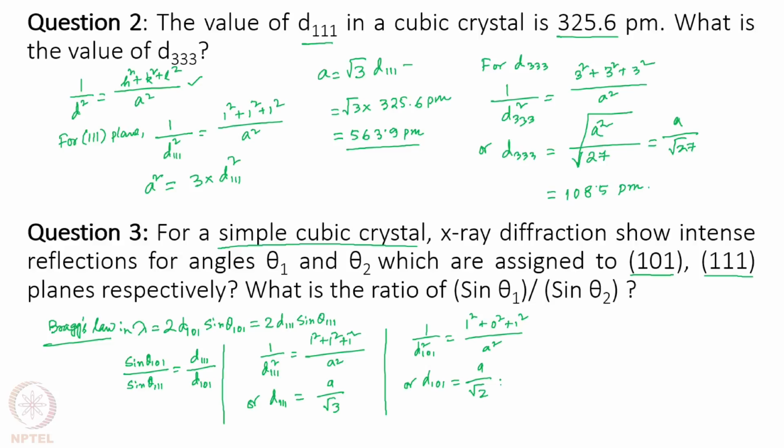So if I try to do D111 by D101, it is a by root 3 divided by a by root 2. So it is equal to root 2 by root 3, which is equal to 0.817. So this is the ratio of sin theta 1 by sin theta 2 for this particular crystal.